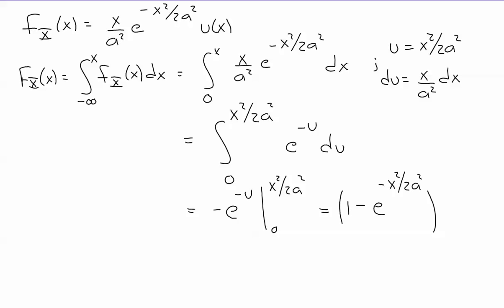And then, once again, I have to add back in a step function. My Rayleigh random variable probability density function does not exist for x less than 0 by virtue of that step function. So at the end of my integral, I have to add back in that step function. This step function does not come out due to the integration process. It simply has to be added back in because the cumulative distribution function has no value for x less than 0.